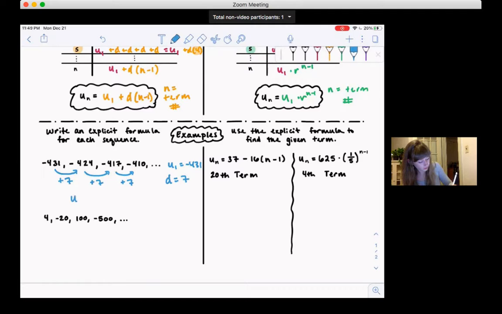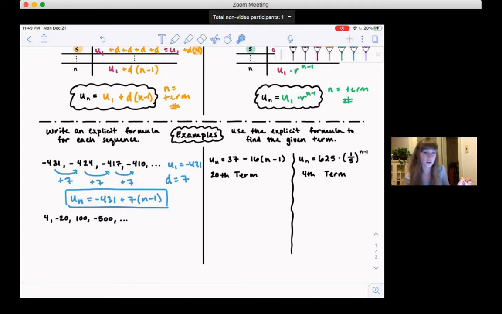So we'll get u sub n equals u1, which is negative 431, plus our common difference 7 times n minus 1. So I changed u1 in the formula to negative 431, the first term, and I changed d in the formula to 7, which is our common difference.